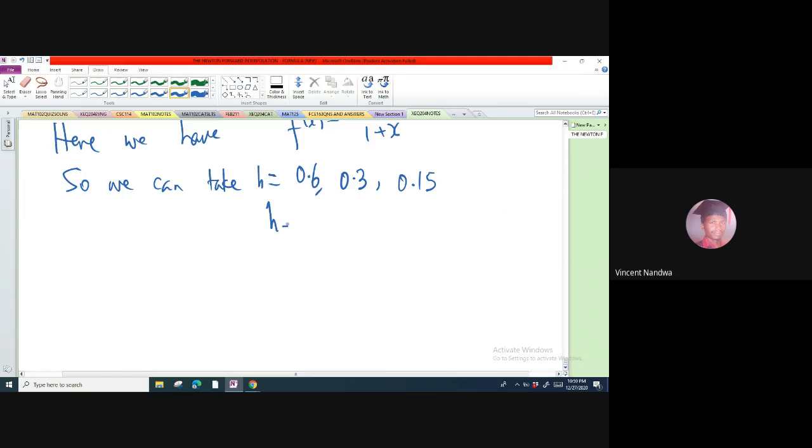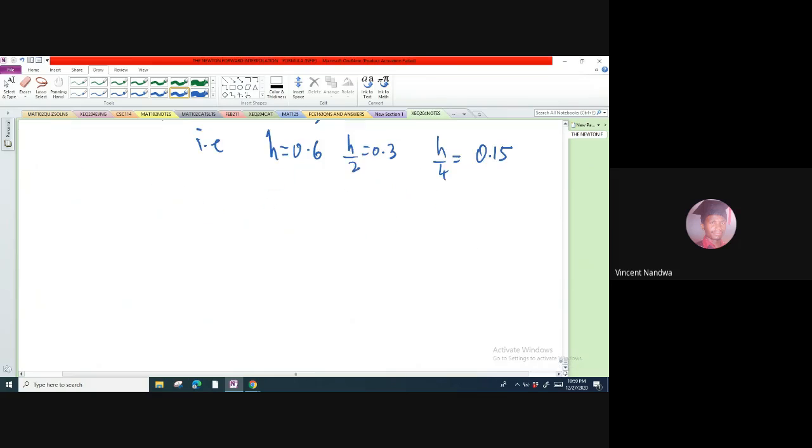This simply means h is 0.6. When you divide by 2, you get 0.3. So this is what we are trying to mean. And then when you divide by 4, we get 0.15. Remember, you can go further and say h over 8 and get another value.